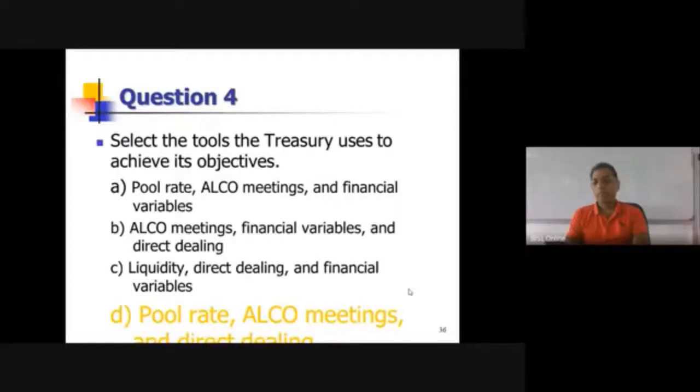The ALCO meetings and the pool rates will be the indirect methods, where they use transfer pricing pool and the ALCO meetings to discuss and decide where the transfer pricing rate is and where the bank should be borrowing and lending at.